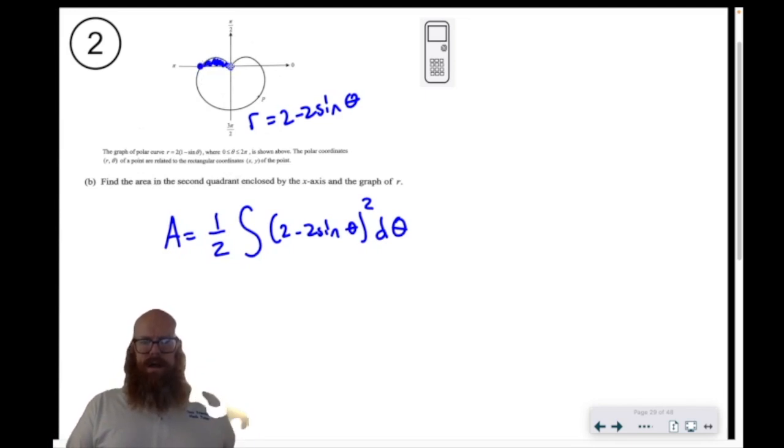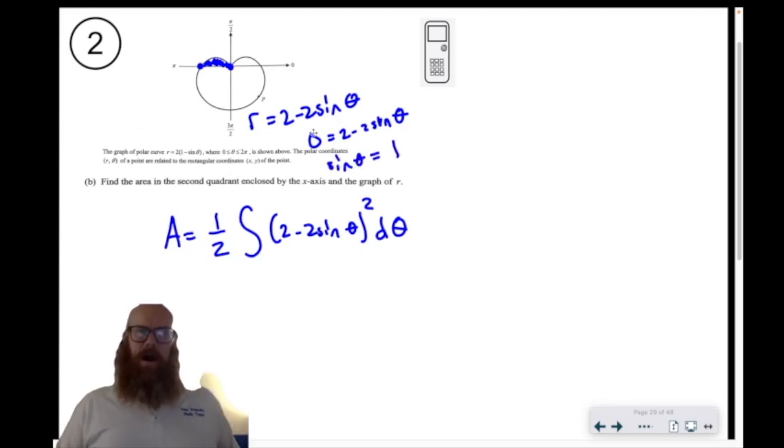Well, it's here when r is equal to 0. So I can set this equal to 0: 0 equals 2 minus 2 sine theta. Add the 2 sine theta over and divide by 2, so I end up getting sine theta equals 1. So that's going to occur at pi over 2.